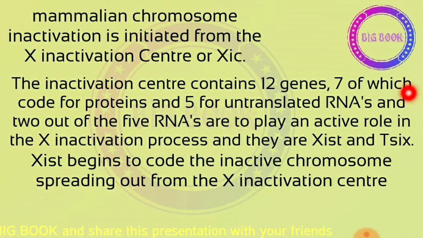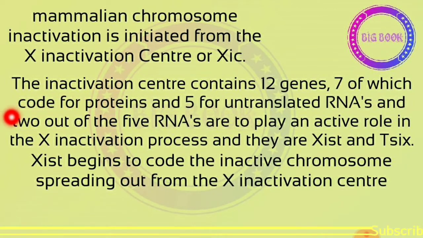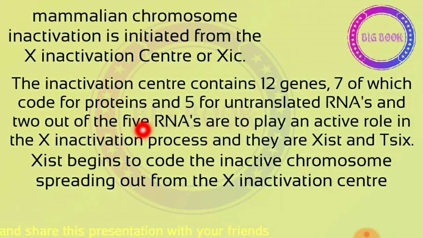Out of these 5 RNAs, 2 play an active role in the X inactivation process, and they are the genes called XIST, and one more, TSIX.